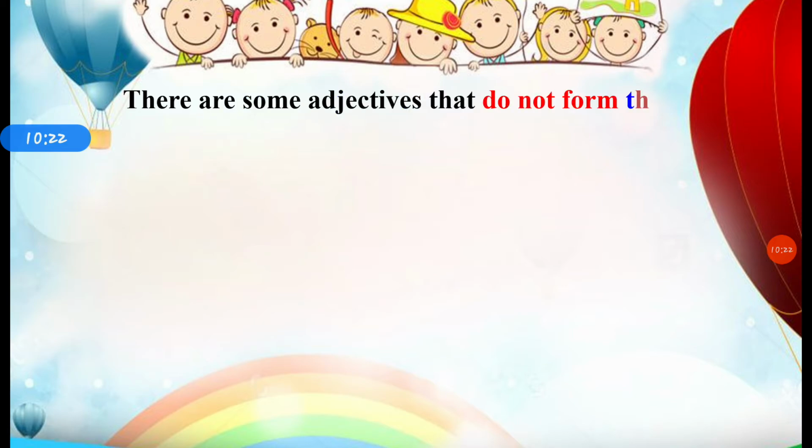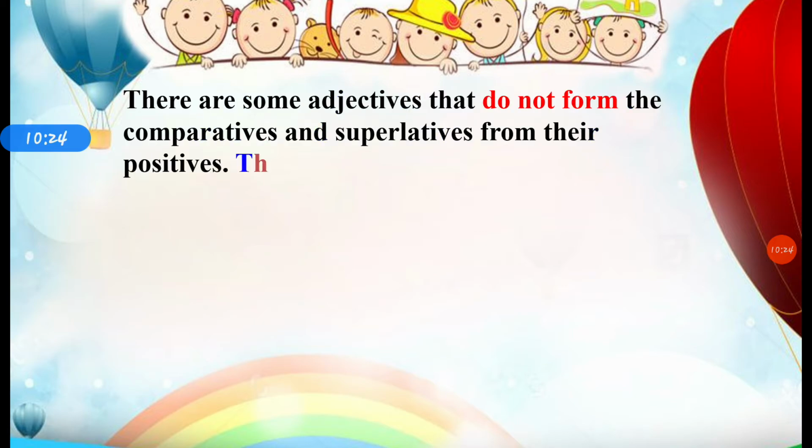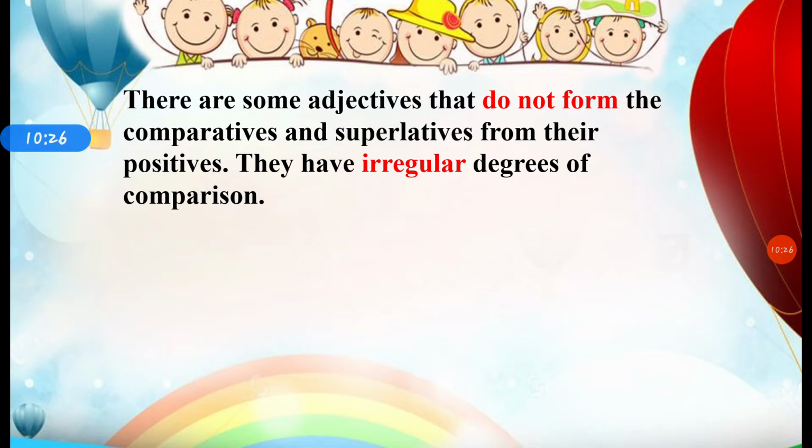There are some adjectives that do not form the comparatives and superlatives from their positives. They have irregular degrees of comparison. That means here are some adjectives that do not form any comparative or superlative form by adding er, ier, est, iest, more, and most, because they are irregular in degree of comparison.